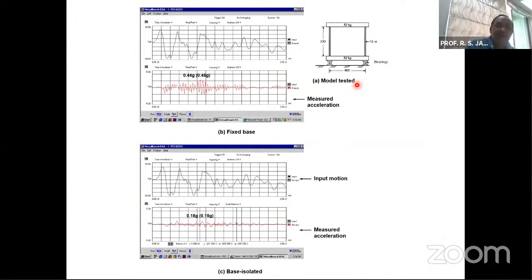This is the model when it was subjected to the simulated earthquake ground motion, and this is the displacement time history of the earthquake ground motion that was used, which we call the input motion, and this is the output motion. And one can see that there was a substantial reduction in the acceleration of this structure.